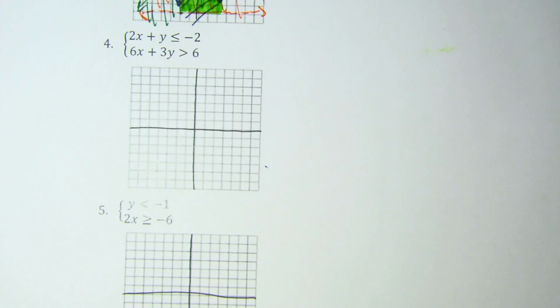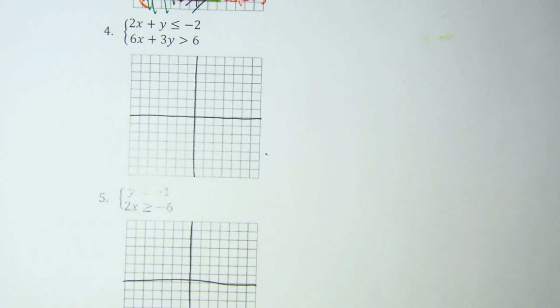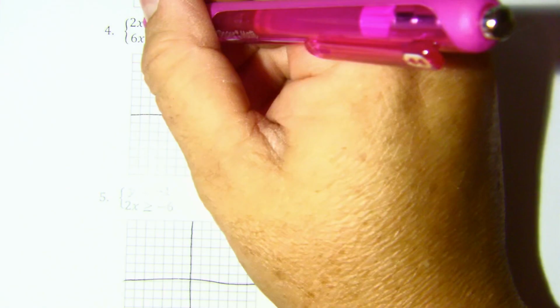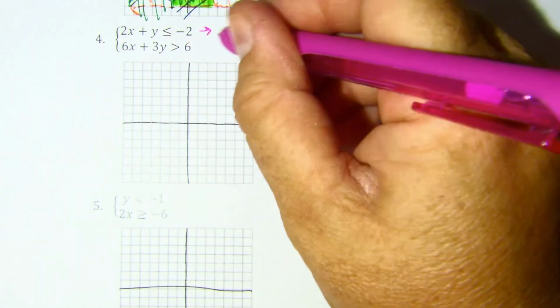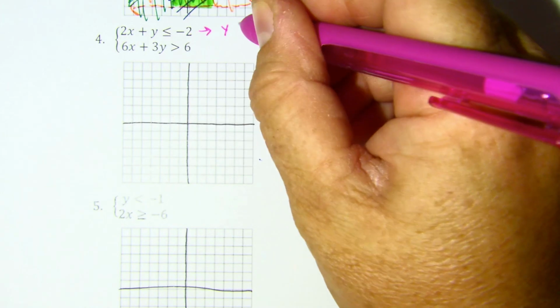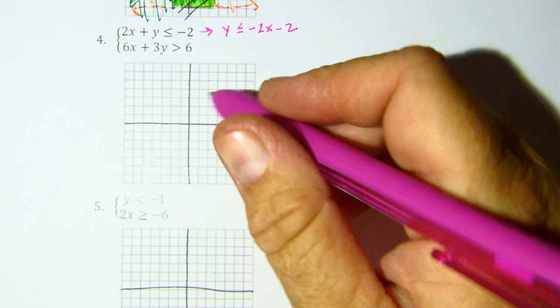Couple more. Here we have 2x plus y is less than or equal to negative 2, and then both, again, linear equations here. So the top one, I can go ahead and subtract 2x so it's in slope-intercept form. So y is less than or equal to negative 2x minus 2.